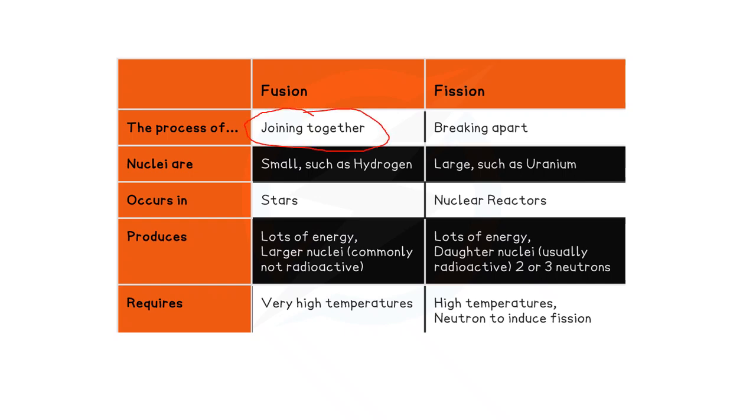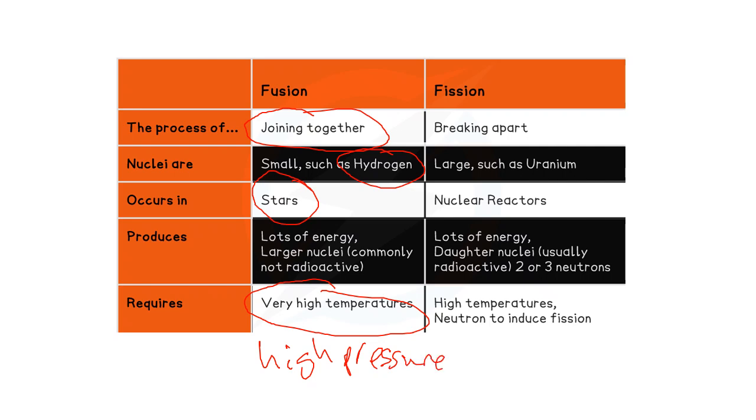For example, small nuclei like hydrogen. It happens in stars. It produces a lot of energy and it produces larger nuclei. But it does require high temperatures and high pressure, because if you have 2 protons together, remember they are charged, they will repel. So you need to overcome the repulsion.